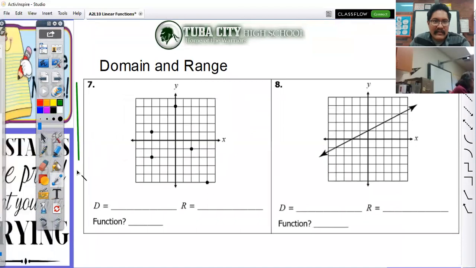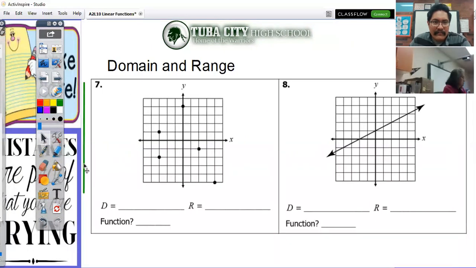The first one, number 7, is discrete because each dot, if I were to imagine an area, I can only pick x values at this number, this number, this number, which is 2, and this number, which is 4. So those are the only values I pick. If I pick something like x at -1, I don't get anything returned to me. So this is a discrete graph.